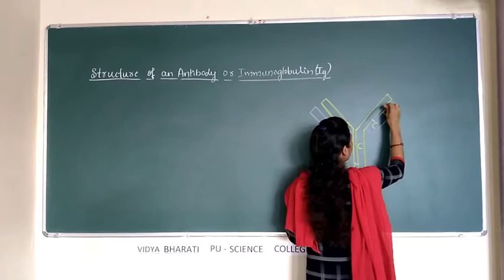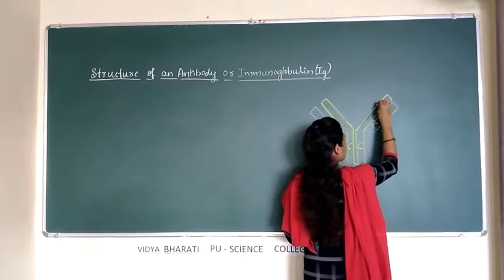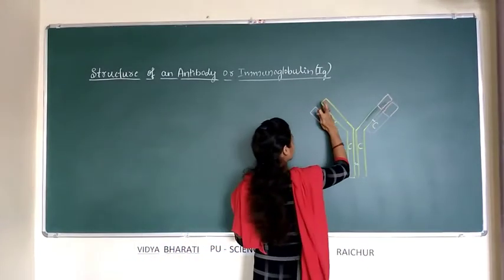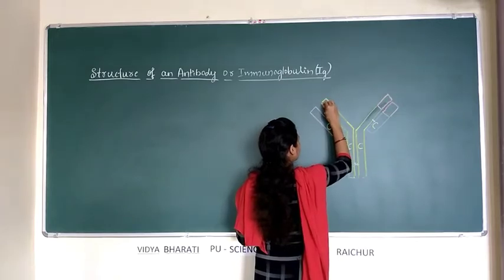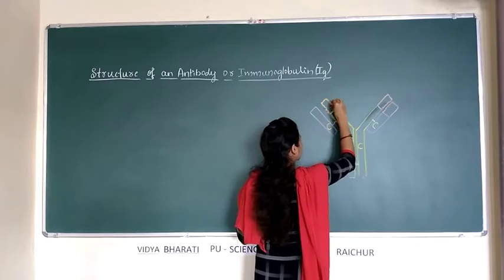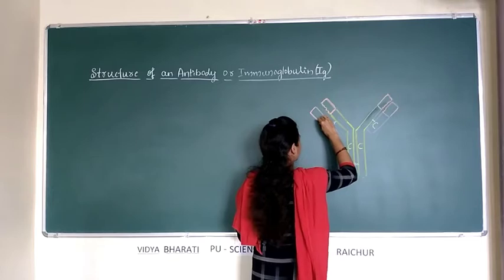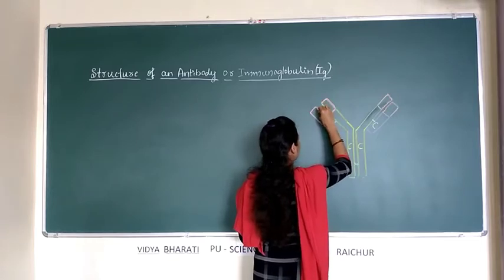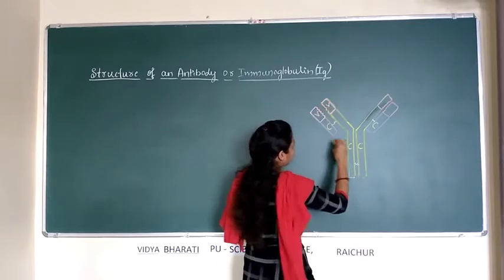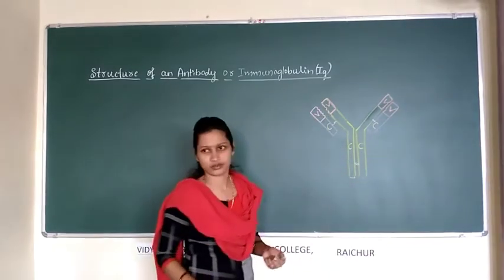See, this is the variable region. I will represent the variable region using pink color chalk. V means variable region. C means constant region.